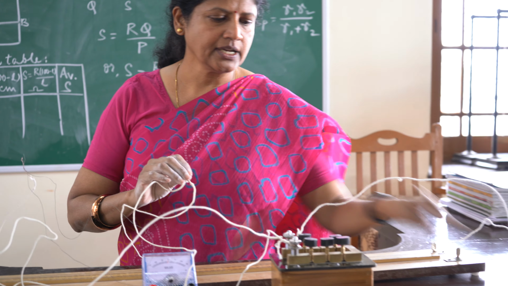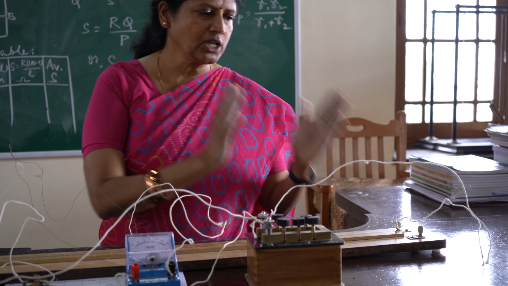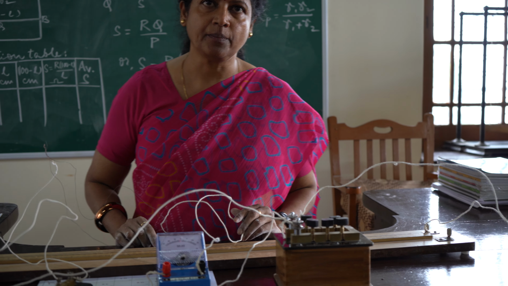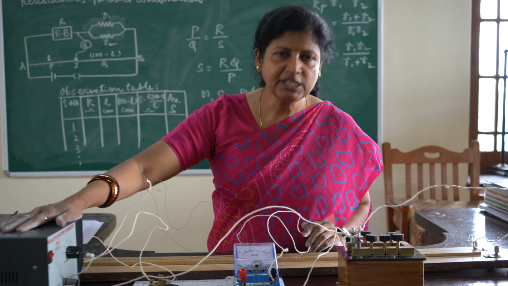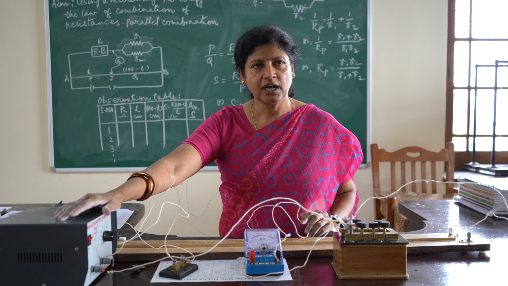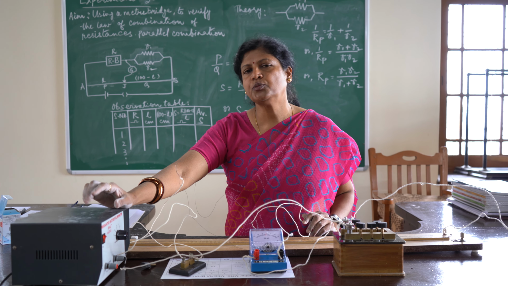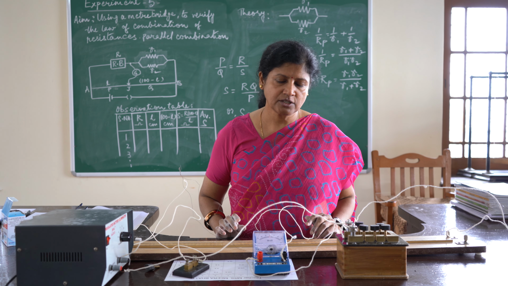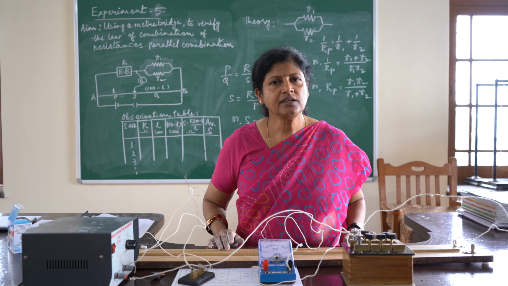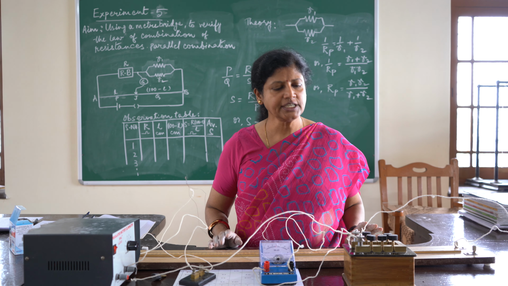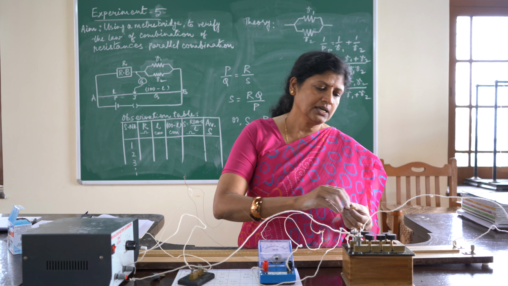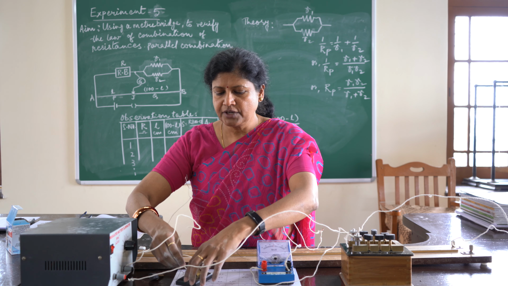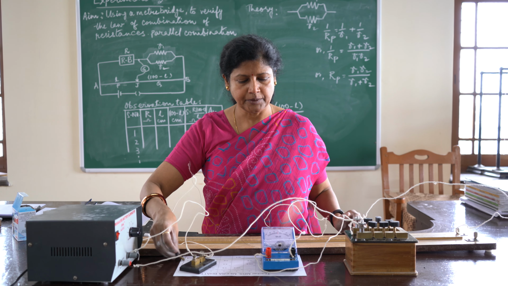If you join small pieces, you will get potential drop, because your eliminator is supplying 3 volt and sometimes 2 volt, 2.5 volts, and if you get more and more potential drop, you will be in trouble. So be careful for it. Now it is a very simple experiment, and before leaving we should take out the key.